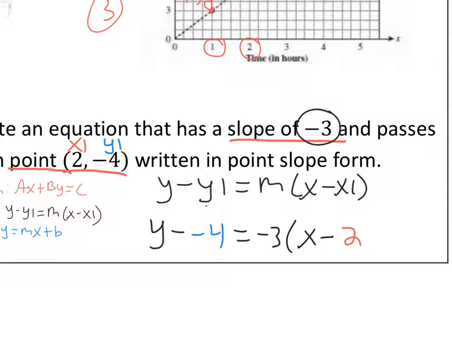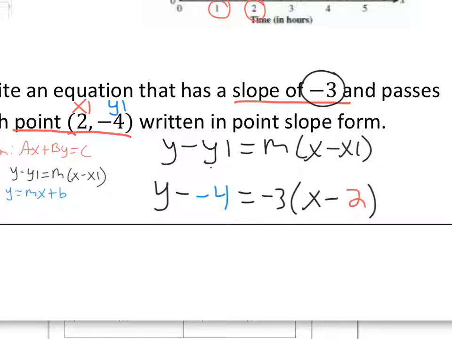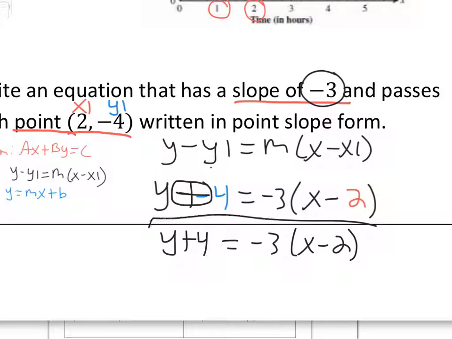In this case, it's just 2, and then close your parentheses. When you get to this minus minus here, we know that turns into a plus sign. So now your final answer is y plus 4 is equal to negative 3 times x minus 2. And that's all you have to do.